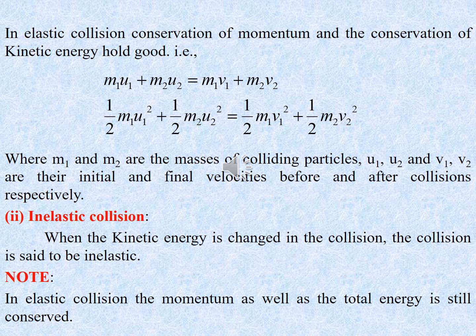Next one is inelastic collision. When the kinetic energy is changed in the collision, the collision is said to be inelastic. In inelastic collision, the momentum as well as the total energy is still conserved.